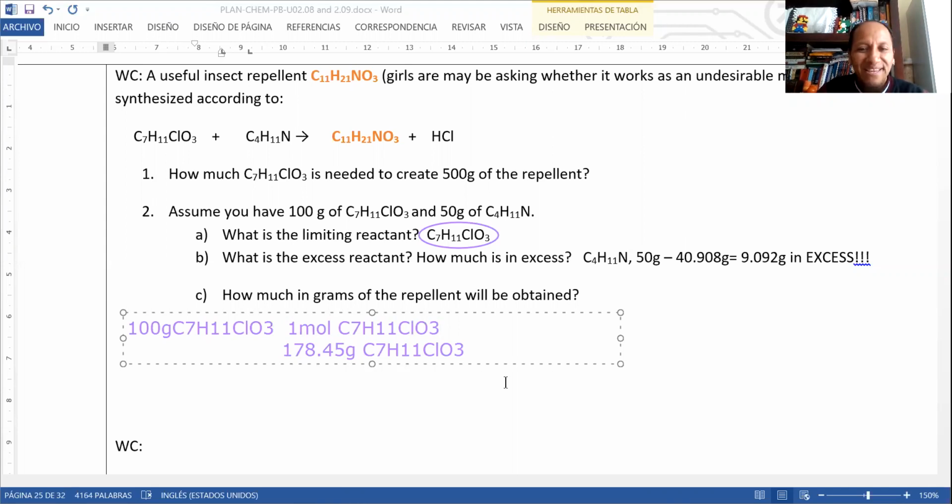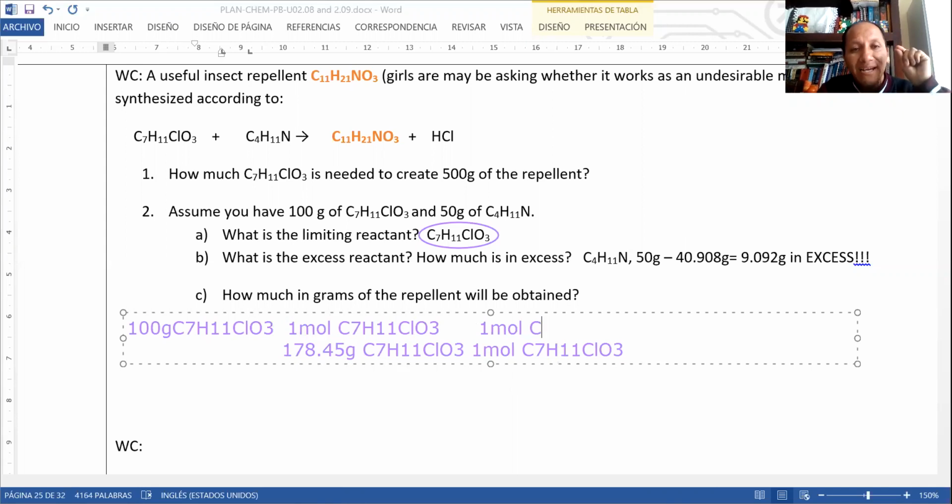Then I know that 1 mole of C7H11ClO3 is related to 1 mole of the repellent, C11H21NO3, because the ratio is 1 to 1.